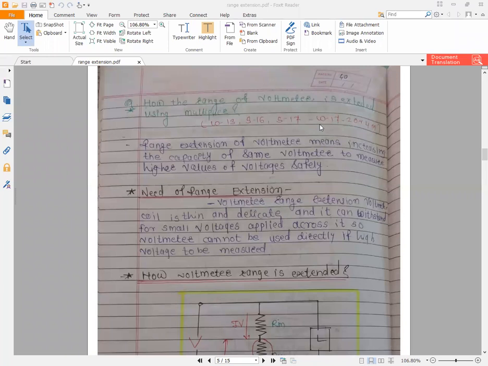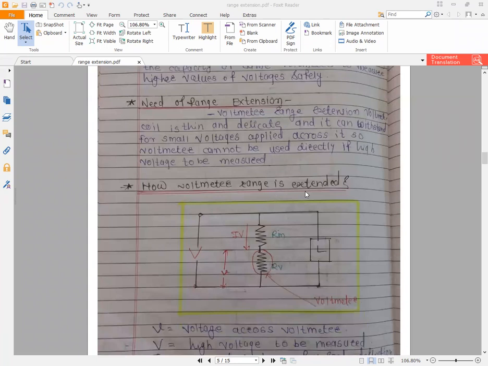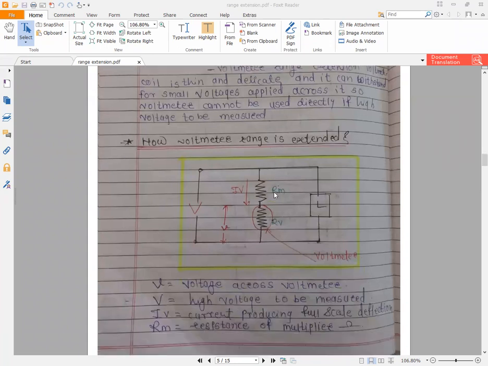So, whenever we are going to measure a high voltage, it cannot be used directly because it is thin and delicate. So, for measurement of high voltages, we should extend the range of that voltmeter. So, how will the voltmeter range get extended?